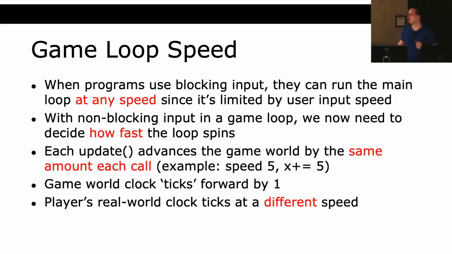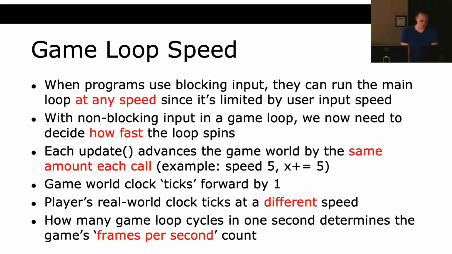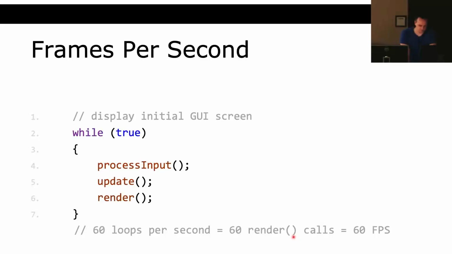But you basically want Mario or Link to be running at the same speed, bullets shooting at the same speed, etc. So how many game loop cycles are in 1 second determines the game's frames per second count. That's pretty obvious to all of you computer scientist gamers out there, but still worth mentioning.